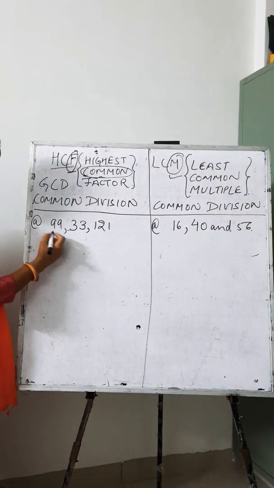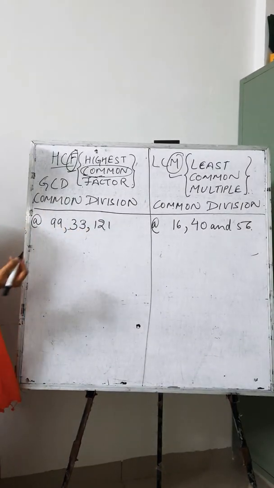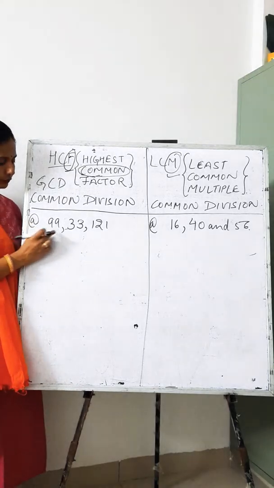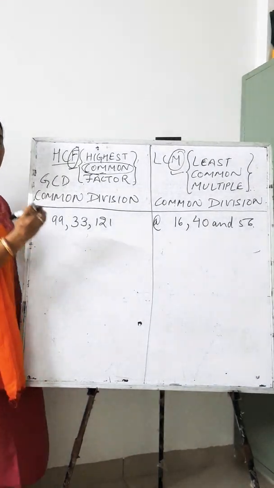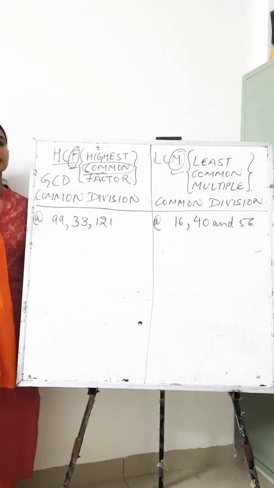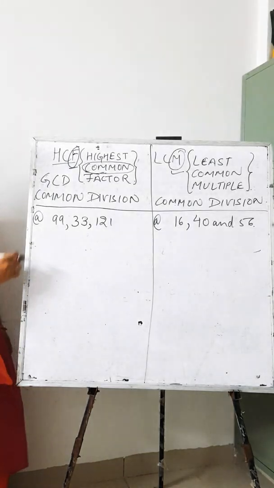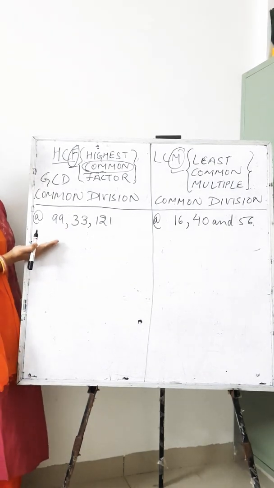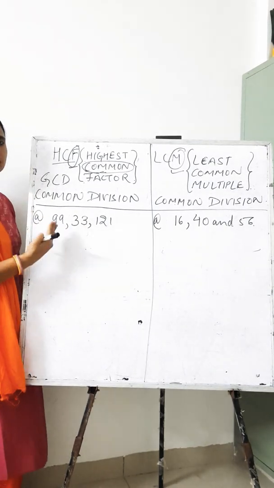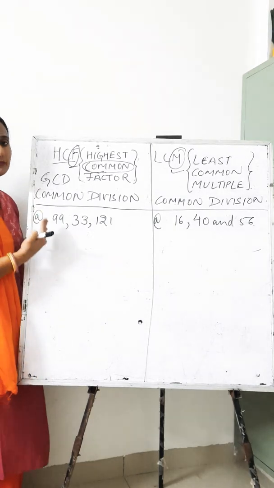So here we go: 99, 33 and 121. Children, in HCF you have to take out the smallest common prime number through which all these 3 numbers, or whatever numbers are given in the question, should go with a single prime number.